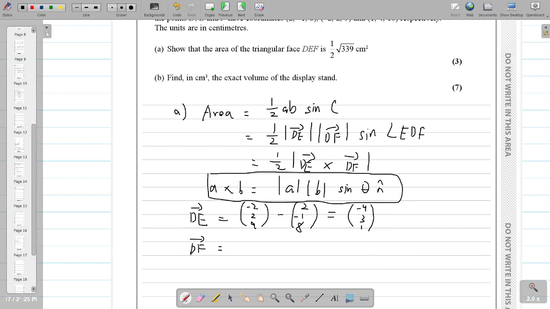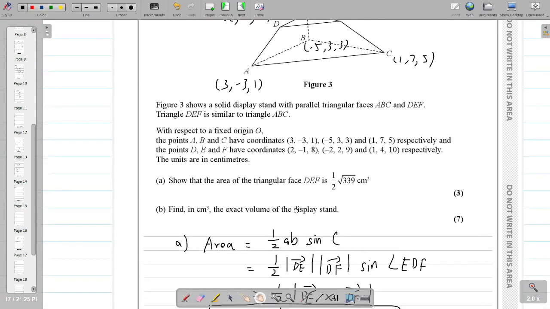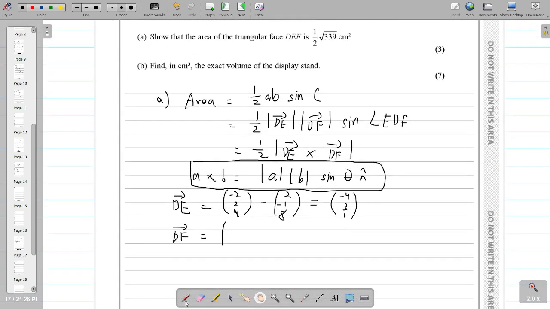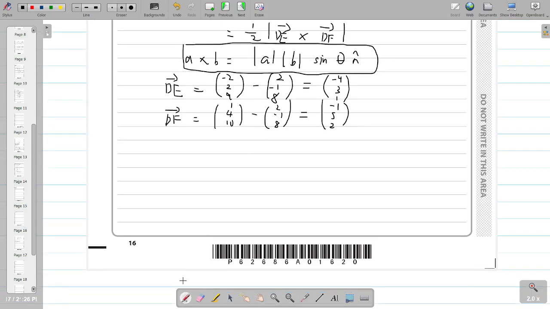DF is equal to OF minus OD. So OF is this minus this. So this is equal to negative 1, 5, 2. So DE cross DF is equal to negative 4, 3, 1 cross negative 1, 5, 2.